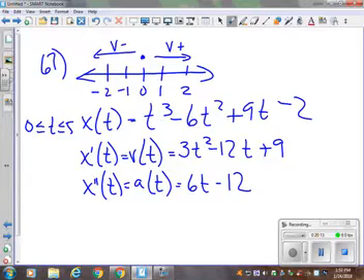Now, part B asks us to find the open t intervals on which the particle is moving to the right. And this is why I suggested talking about the velocity that we already knew something about before. Velocity is all about direction and speed. If we knew when the velocity is positive, then we would be able to understand when that is happening.